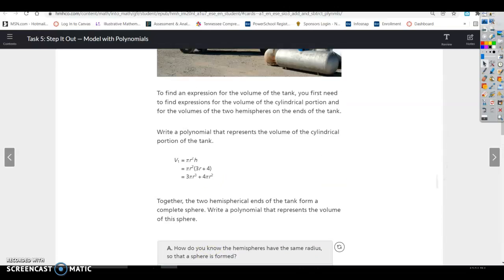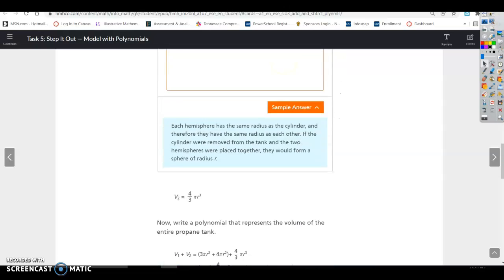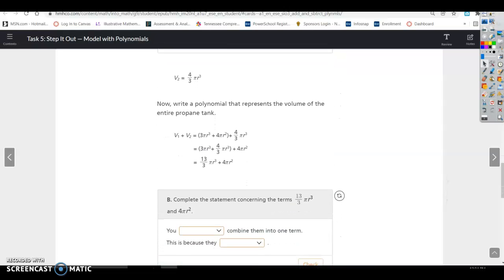All right, so again, like what I was saying before, if you take this inside part out, this cylinder part, the two ends would be pushed together and that would make your sphere. All right, so we know that you can find the volume of a sphere by doing 4/3 pi r cubed. Okay, if you look this up, you can Google it or whatever. This is the volume for a sphere.